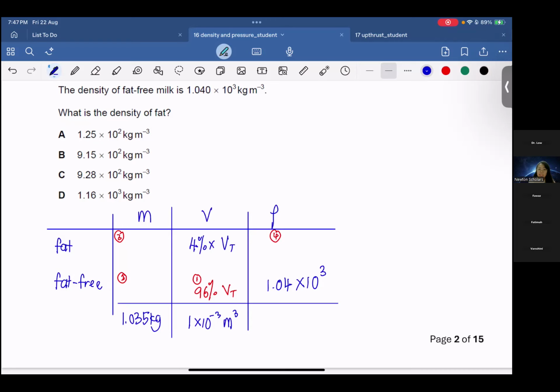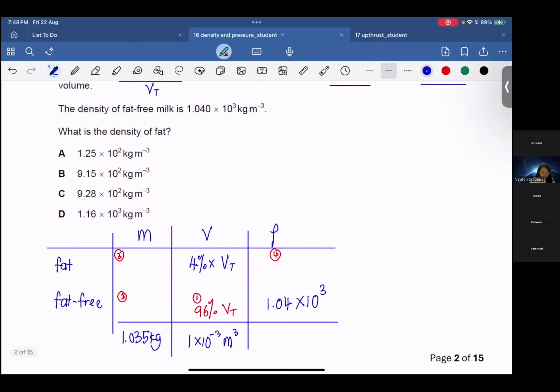Because you have density and volume, you can calculate the mass. Then you know the total mass, so of course you can calculate back the mass for the fat. Okay, Jore, correct, B. Manjo, B, yes, correct. How about others? Are you able to get D? The answer is B, not D.